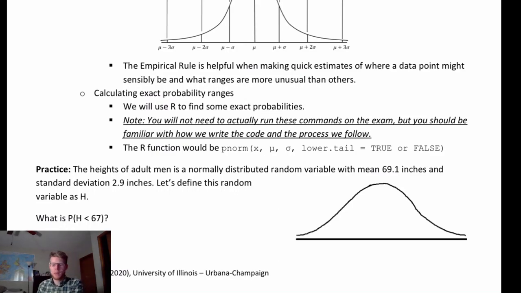So the first thing that I'm going to do here is plot my information on this normal distribution just to get a picture of what's going on. I know that the mean of this distribution is about 69.1. I also know that the standard deviation is about 2.9. So if I extend up about 2.9 inches, I'm going to hit 72. Another 2.9 inches, and I'm going to hit 74.9.